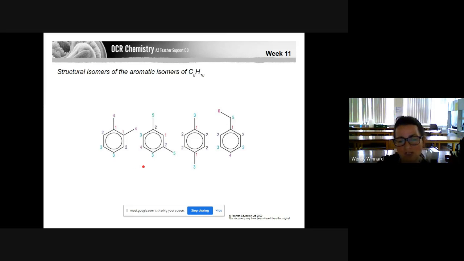So think about it on a piece of paper. I mean, this slide is actually telling you that this would give 4 different carbon environments. And I'm going to walk you through them. This carbon here, what you do is you draw a line of symmetry through it. So we draw a line. The more symmetrical your molecule is, the fewer carbon environments there are going to be.